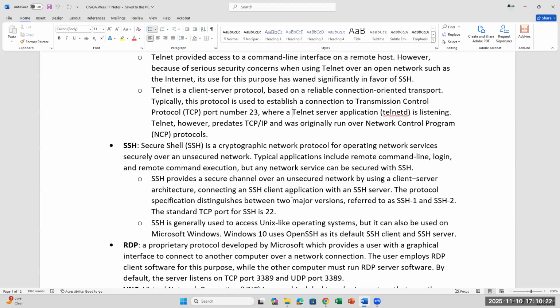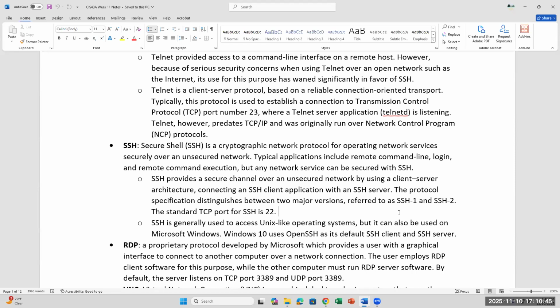There are two versions of SSH. And when you're using protocols in the network, you always want to use the updated version if your system supports it, only because the updated version likely has less vulnerability and less risk.